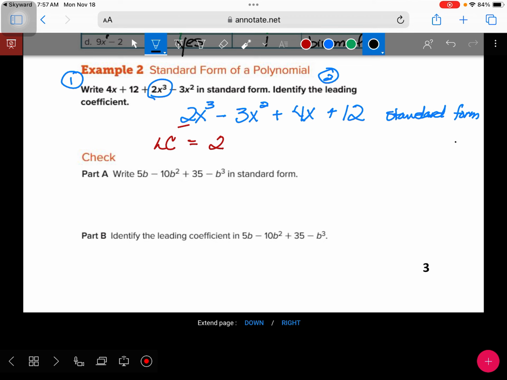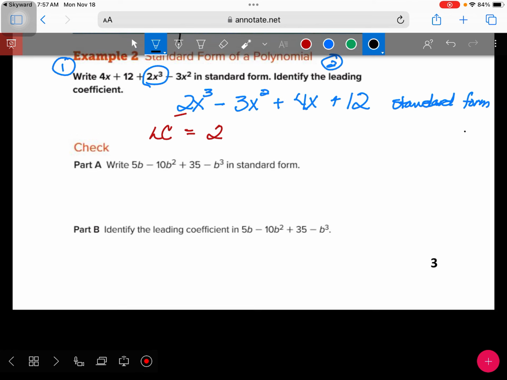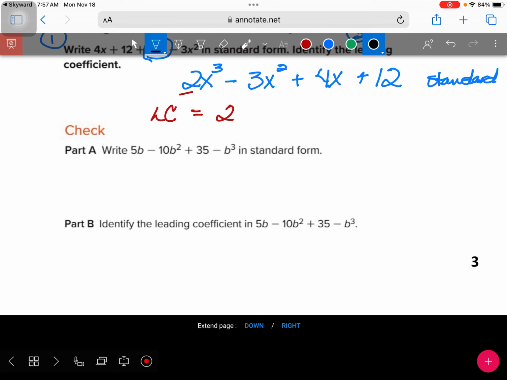Which term? B to the third, yes, and it's a negative b to the third because that has a degree of 3. My next one has a degree of 2, that would be negative 10b squared, plus 5b has a degree of 1, and then plus 35.